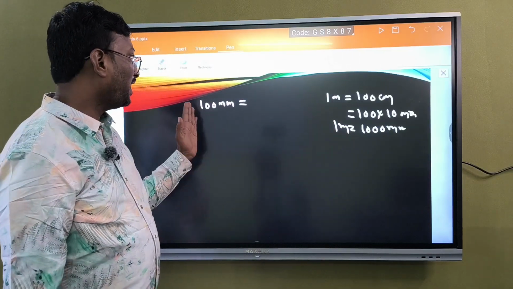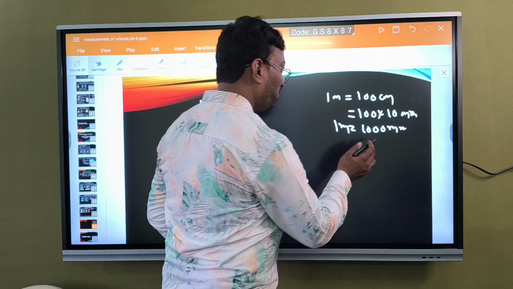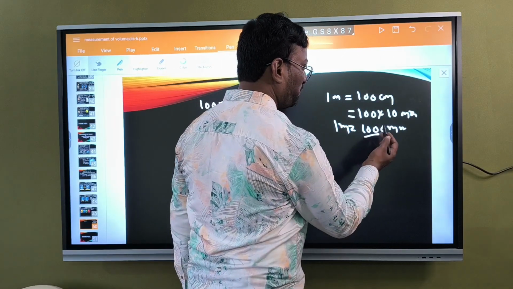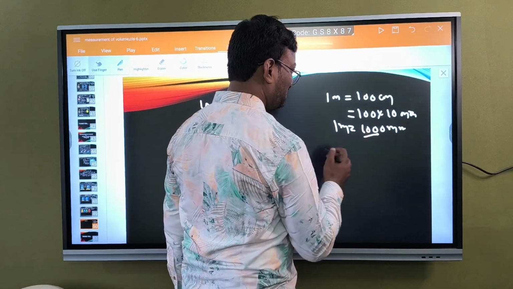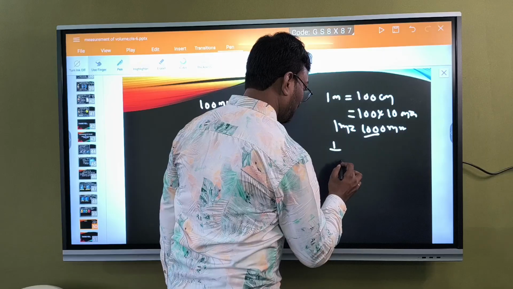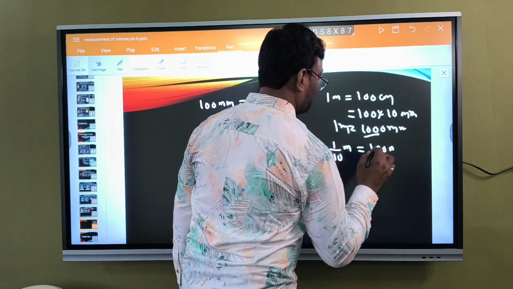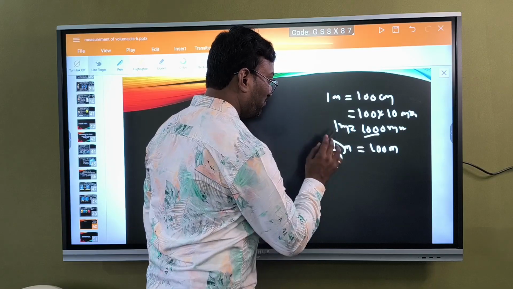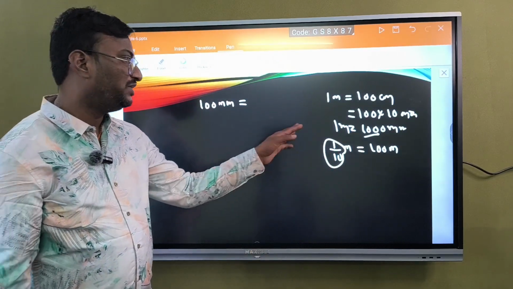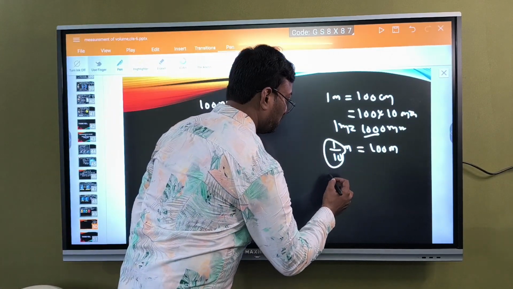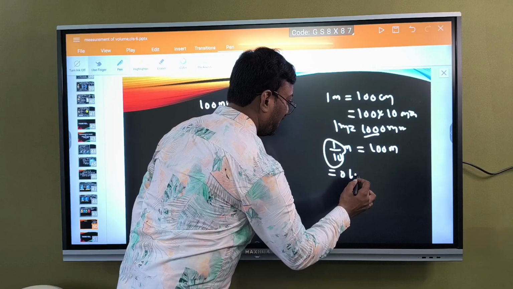Here 100 millimeters they have given. We need 100 millimeters. So you just put this 10 on this side. So 1 by 10 meters is equal to 100 millimeters. So what is 1 by 10? It is equal to 0.1 meters.